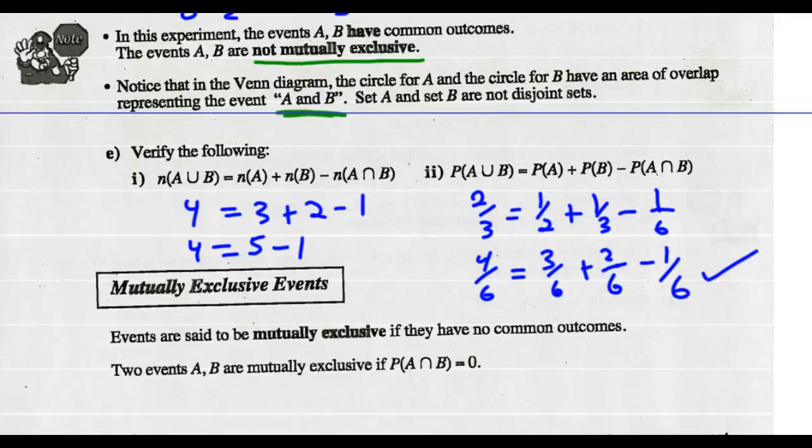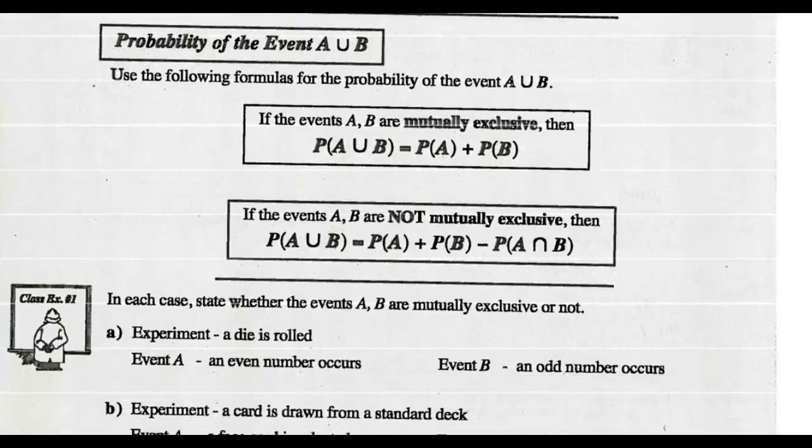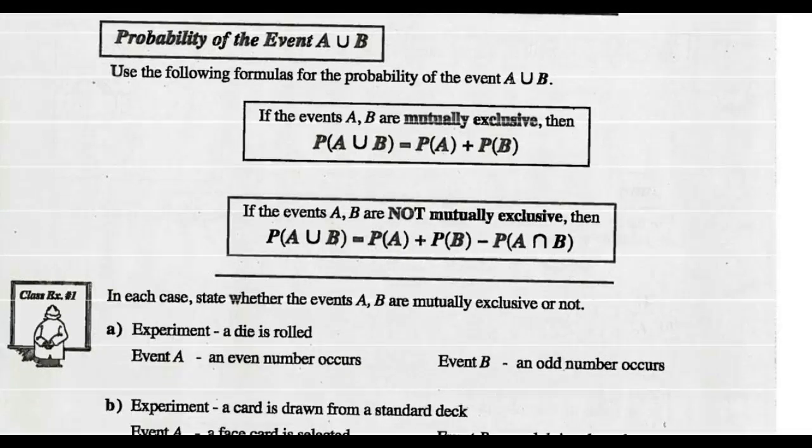Events are said to be mutually exclusive if they have no common outcomes. Two events A and B are mutually exclusive if the probability of A intersect B is 0. Don't forget that. If you look at the probability of event A union B, you use the information below to work it out.